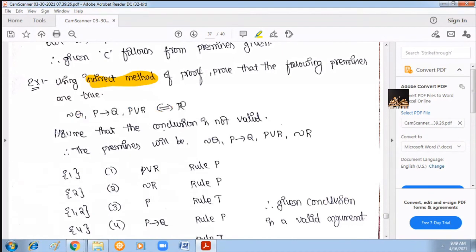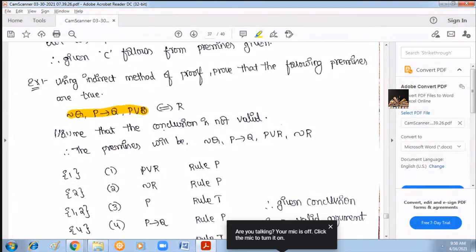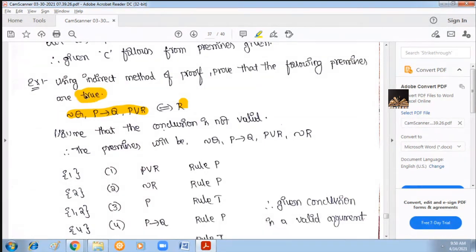The question may ask that you need to prove that the conclusion is a valid conclusion from the given set of premises, or they may give you the premises with a conclusion and ask you to prove that the premises are tautologies or true. However the question is asked, you have to do it using the indirect method.